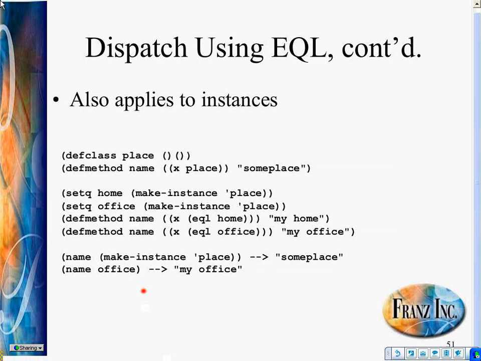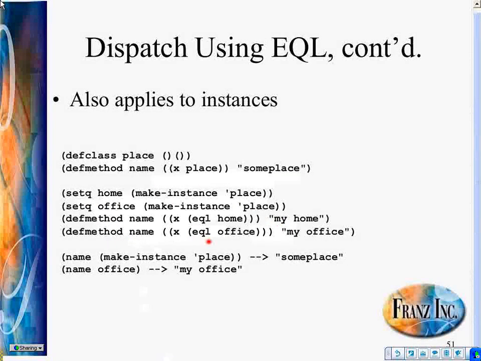Here are some examples of this. Now we have a place, and we have a def method name is someplace. Then we have home is make instance of home, and office is, these are 2 offices. And now we define methods when the argument is EQL to this home instance of place.